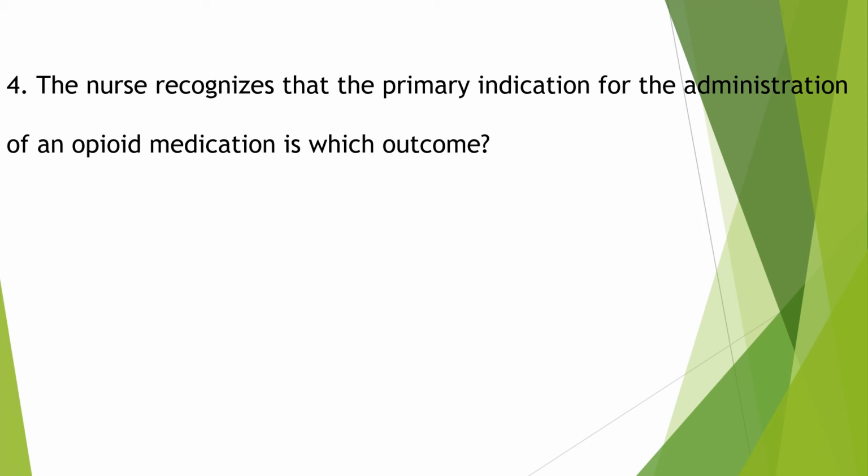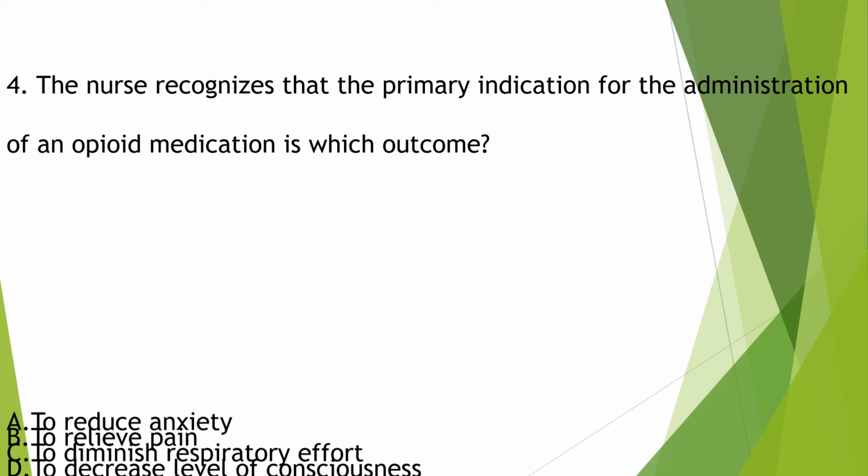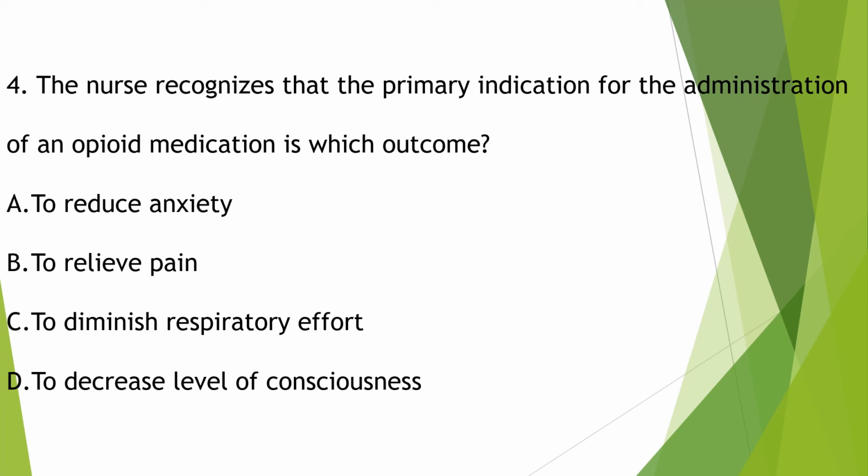The nurse recognizes that the primary indication for the administration of an opioid medication is which outcome? To reduce anxiety, to relieve pain, to diminish respiratory effort, or to decrease level of consciousness. So the primary indication for an opioid, when we are talking about opioids, think about morphine, which is considered the gold standard of opioids. Opioids are indicated for the relief of moderate to severe pain.